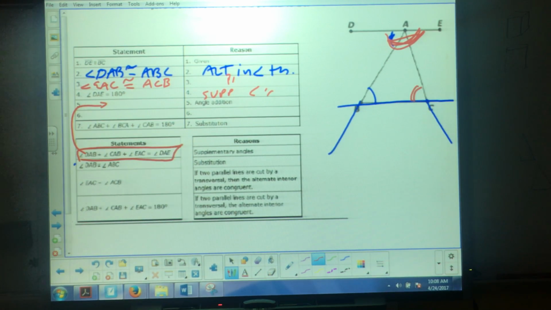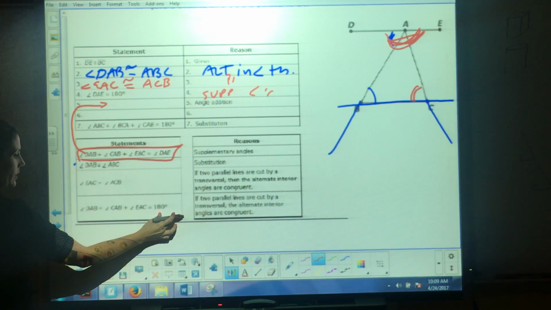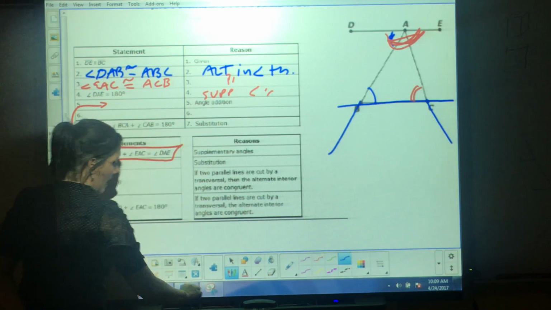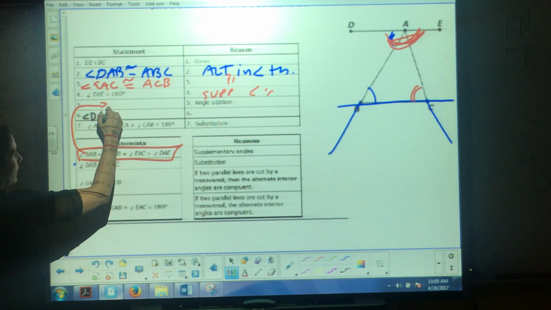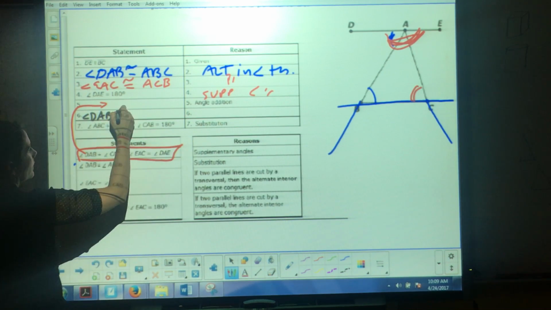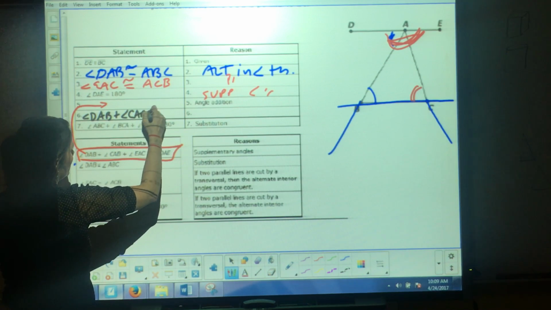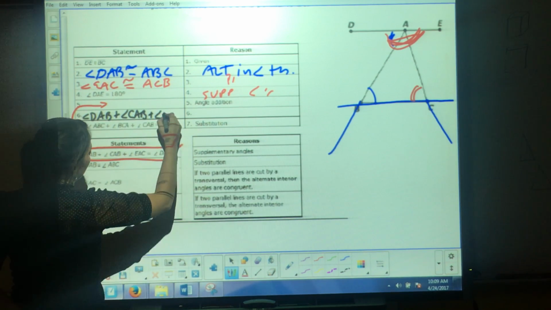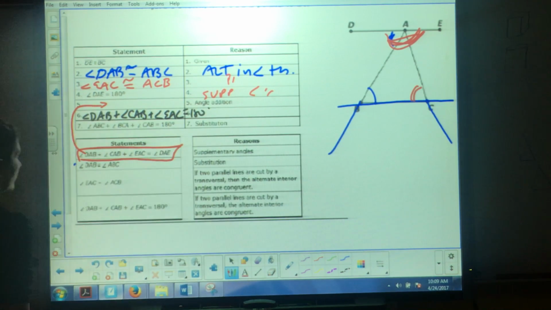Next, for number 6, we need to say that these three things add up to 180 degrees. I am going to write that: angle DAB plus CAB plus EAC equals 180.